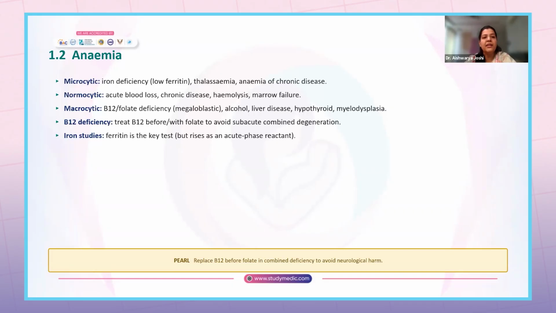Iron studies, ferritin is the key test. Whenever we want to establish iron deficiency anemia, we do ferritin more than transferrin saturation or free serum iron. One thing you need to remember, ferritin is a positive acute phase reactant, so it can rise in systemic inflammation.